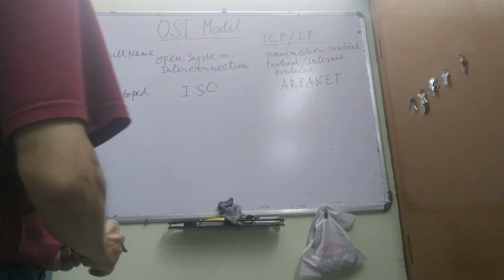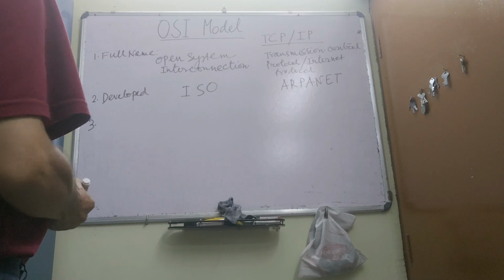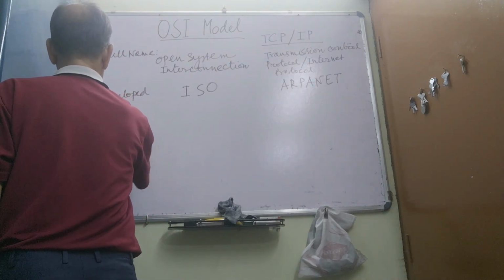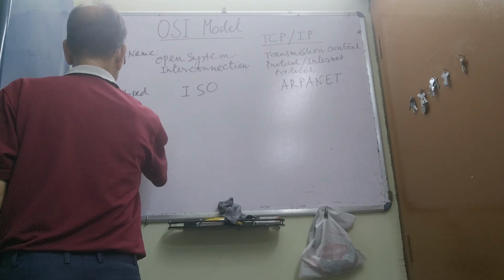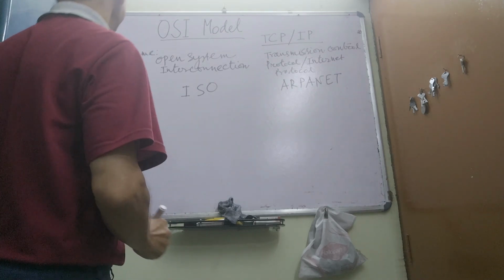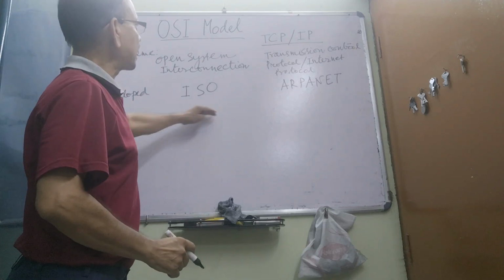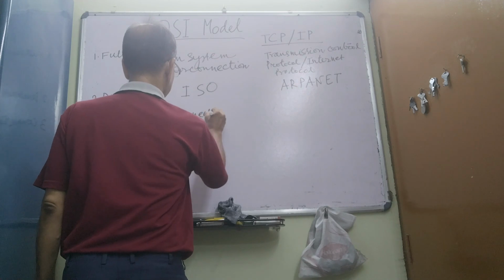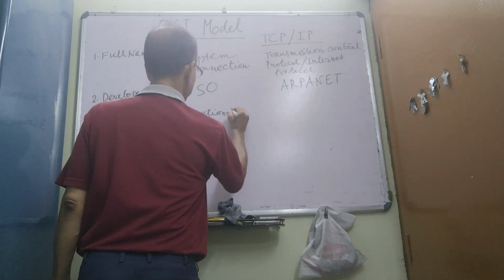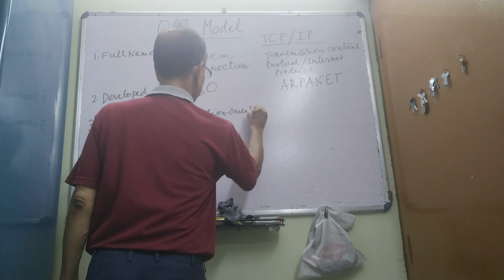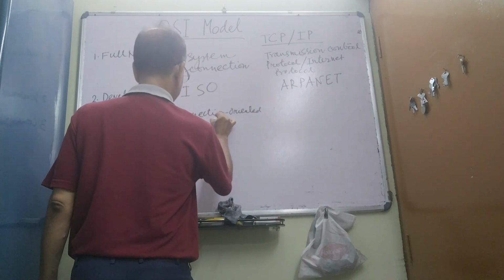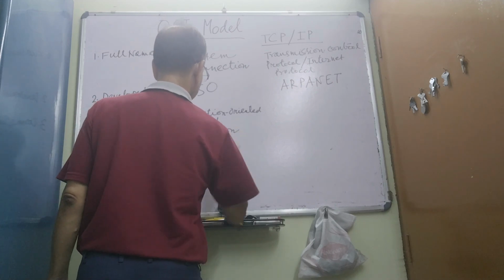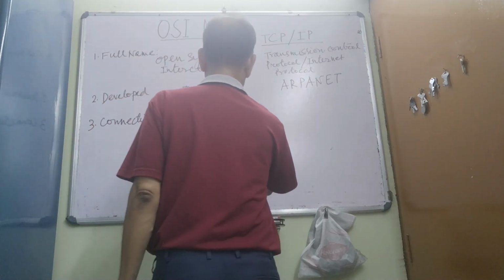Number 3, the connection. The OSI model is both connection-oriented and connectionless.